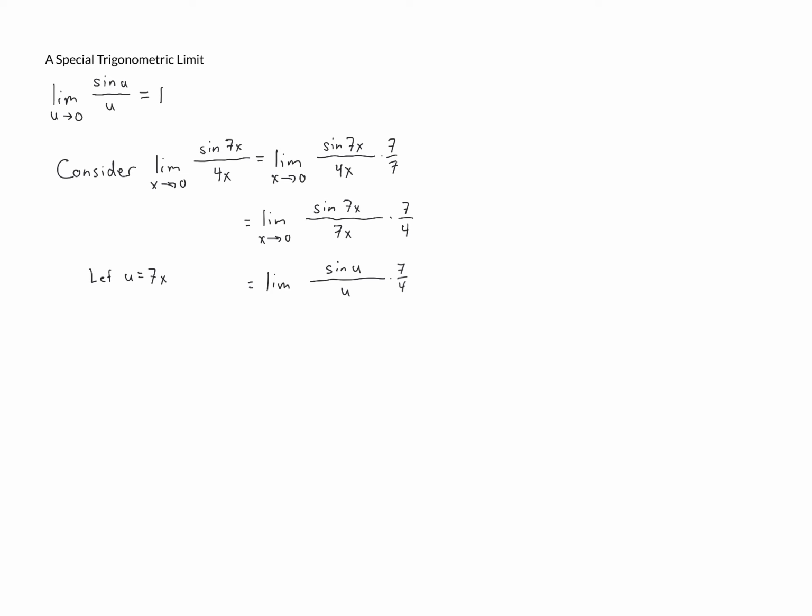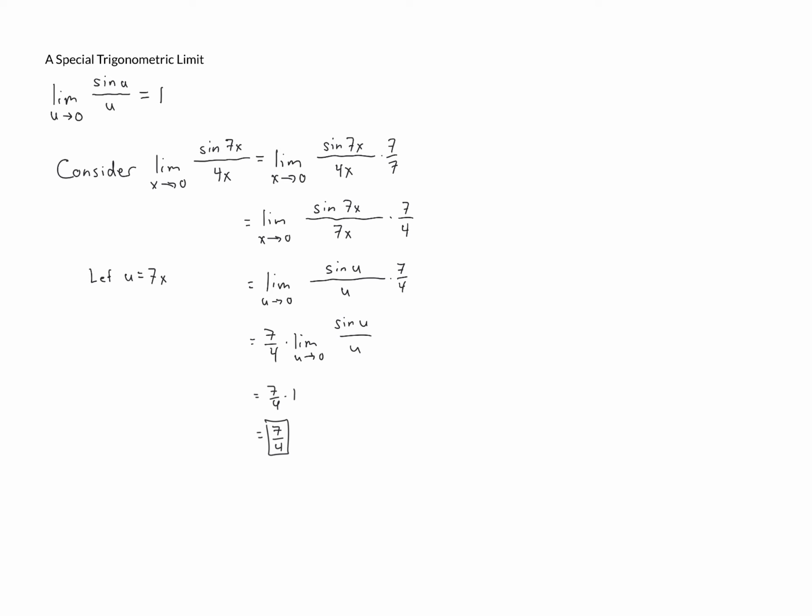So this limit, now that we're looking at it in terms of u, is as u approaches 0. And we know that when we have the limit of something times a constant, we can bring that constant out front. So this is just 7/4 times the limit as u approaches 0 of sine of u over u. And we've seen that this limit is equal to 1. So we've got 7/4 times 1, which is just equal to 7/4.